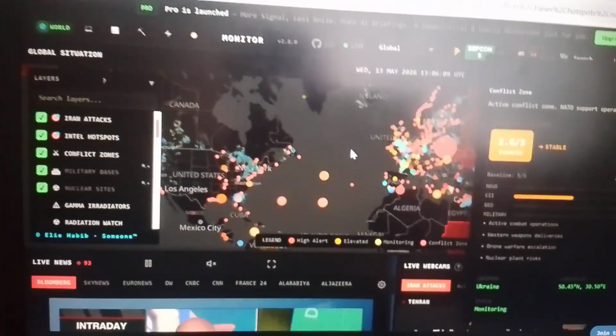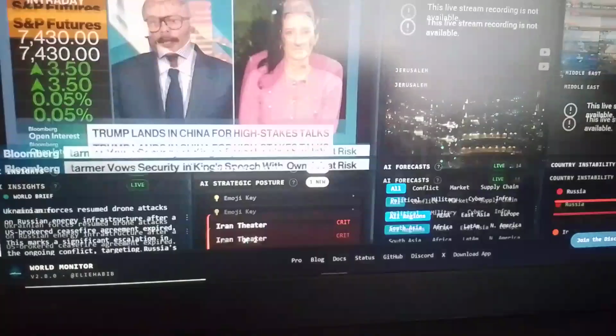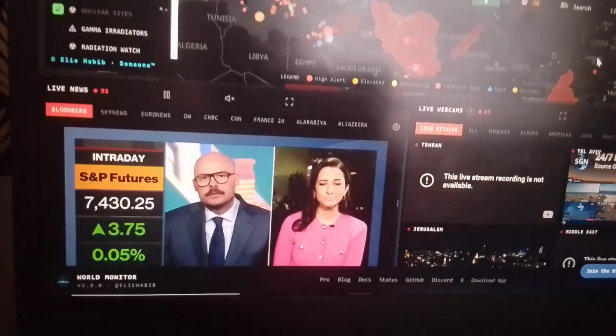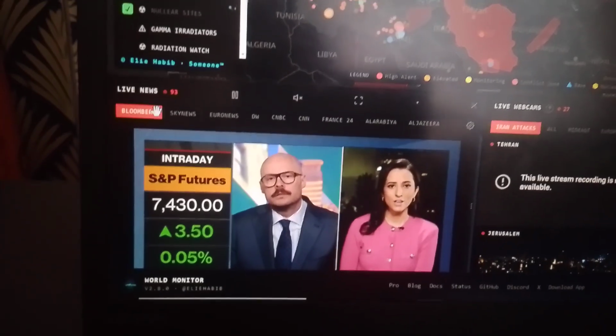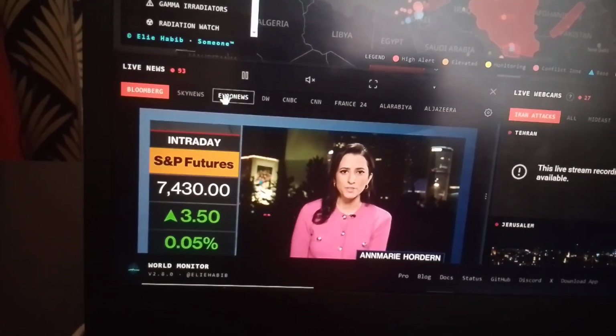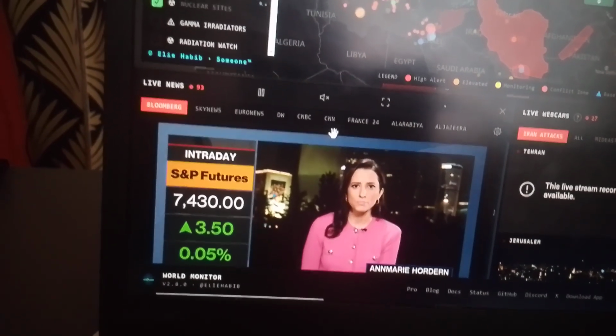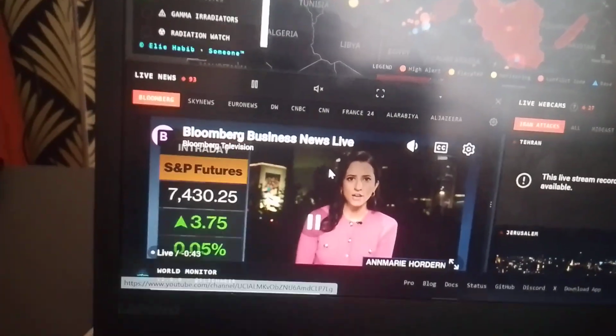So this site is called the Real-Time Global Intelligence Dashboard. As you can see, it contains so much news. It provides all forex traders with everything that you want. For example, here you can have all the news on Bloomberg, which captures forex markets, Sky News, Euronews, CNBC News, CNN News, France, all the news that you need.